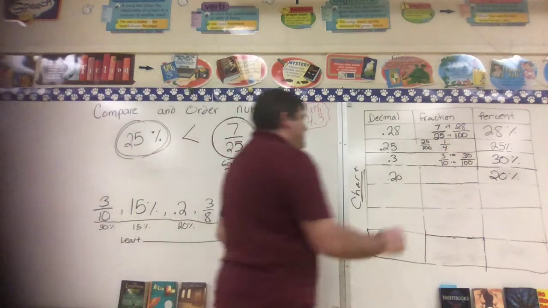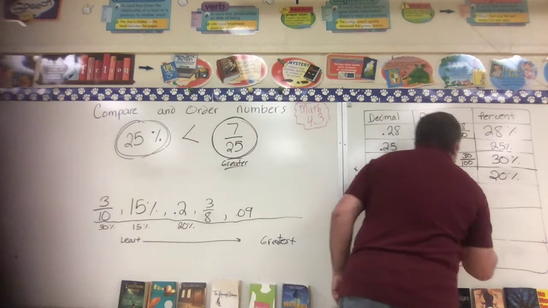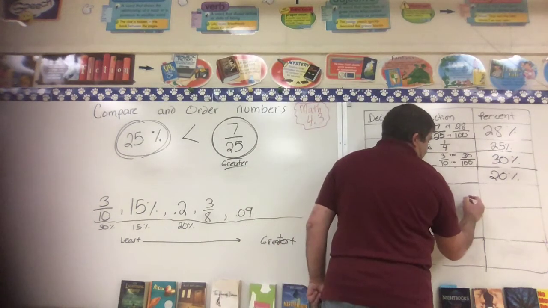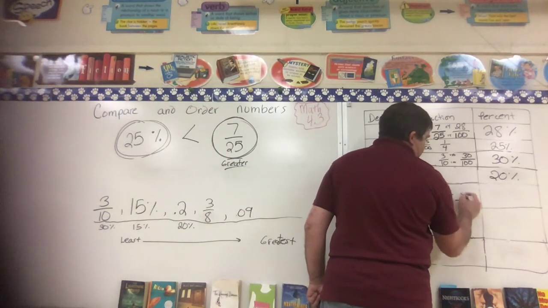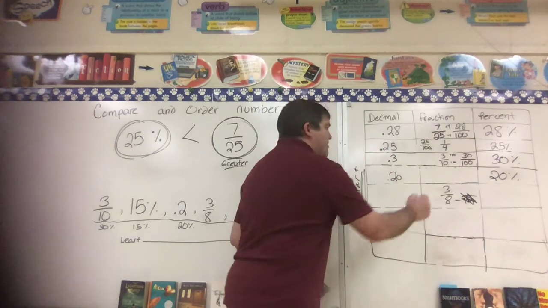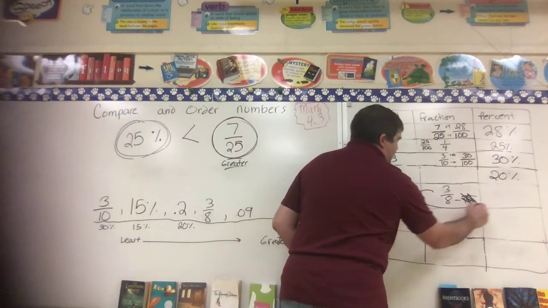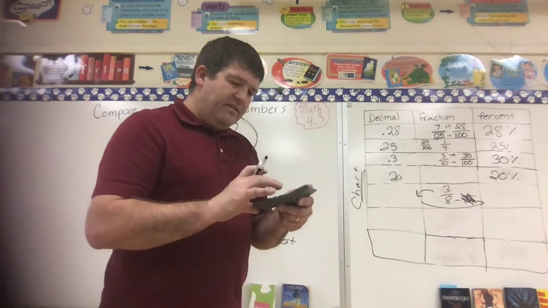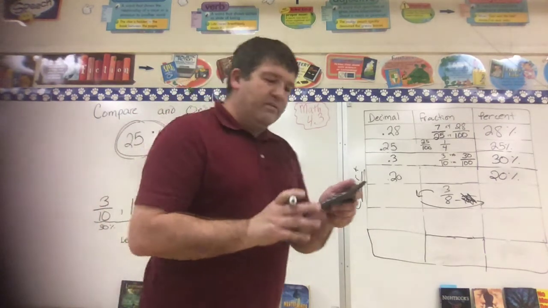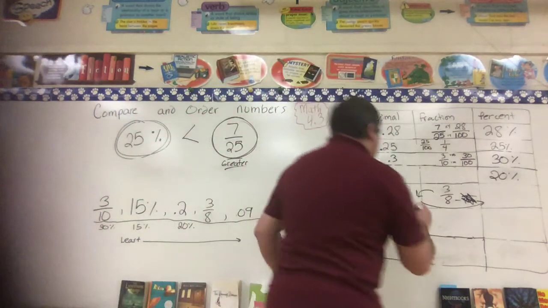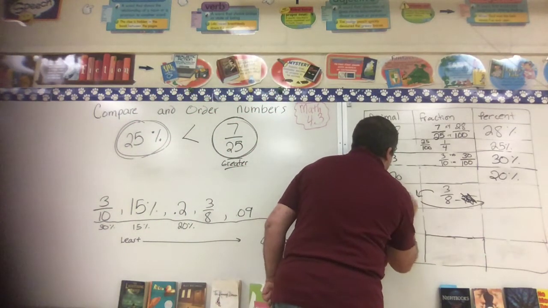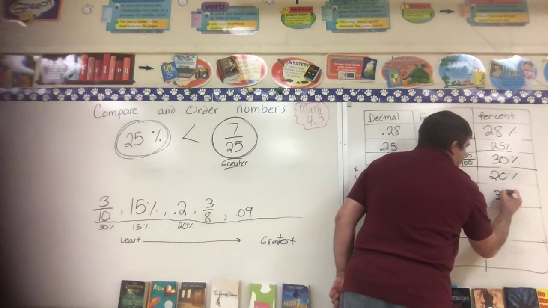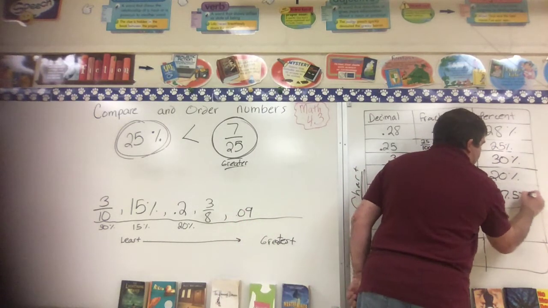Let's do 3/8. This one, I can't really go to 100 here, so I don't do that. Instead, I'm going to go this way and then that way. So I take my calculator. It's okay to use a calculator. 3 divided by 8 equals 0.375. And then I go 2 over, and it's going to get me 37.5%.